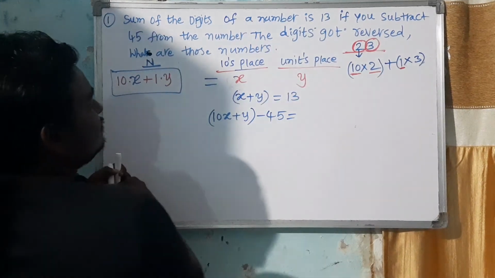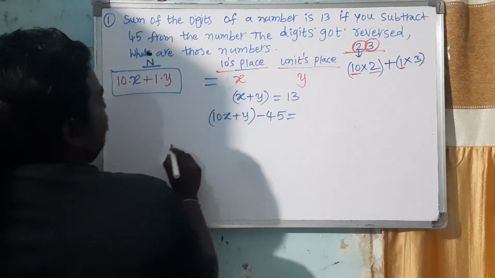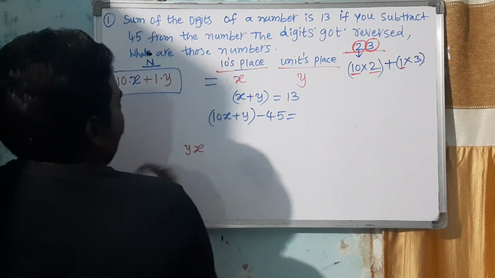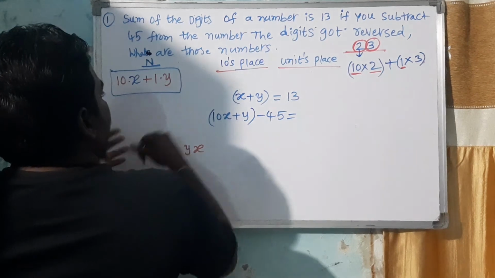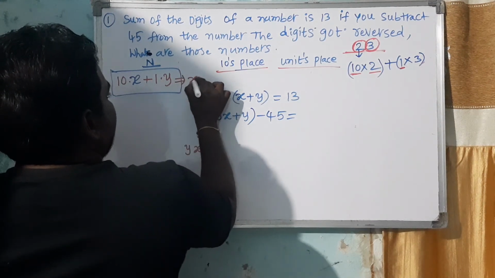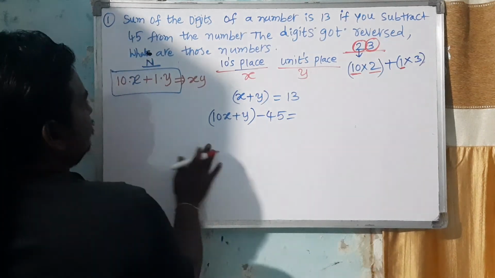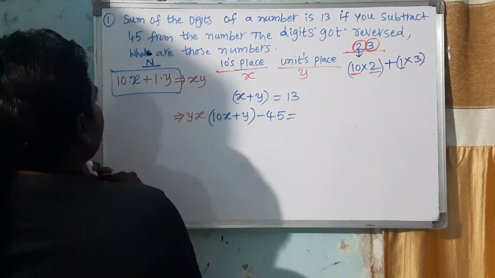Reversing of this number means what? Reversing of the number will be like this: yx. If this is x comma y in tens place, units place, then the reversing of the number, yx, means what?